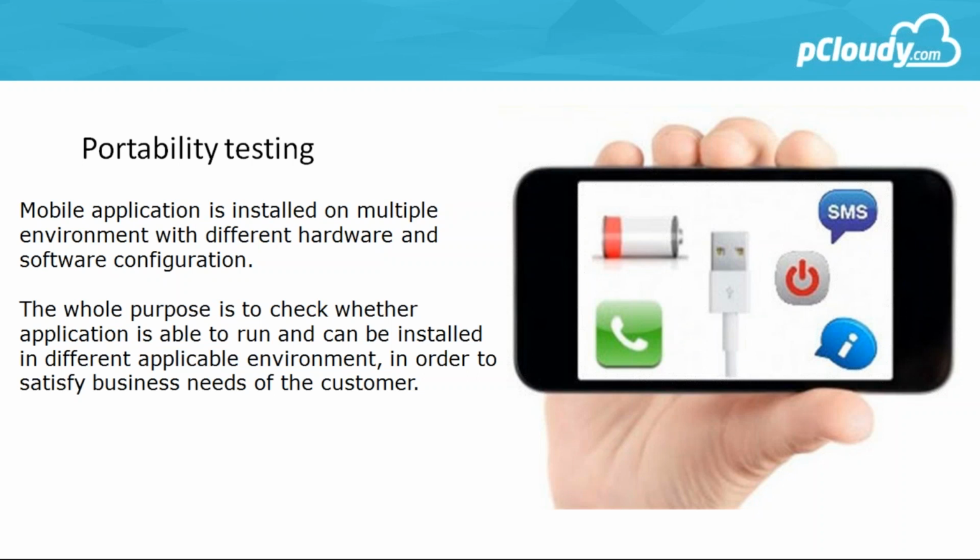It may work for that particular device on which you are testing, but not necessarily will you find the defects which you may find while doing portability testing on multiple devices. Some defects come out only during portability testing, and they need to be fixed in order to ensure that the application is highly portable, can be installed in multiple environments, and does not show any failure when installed on different environments, like different devices.